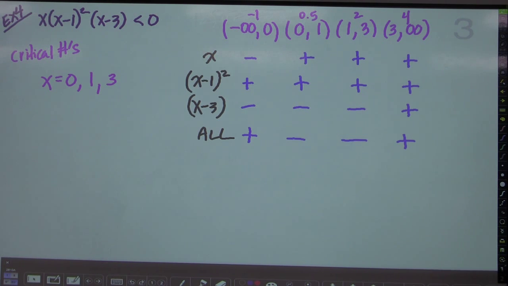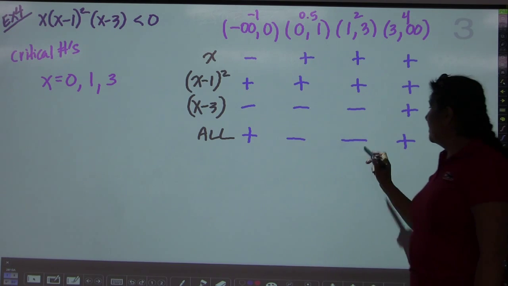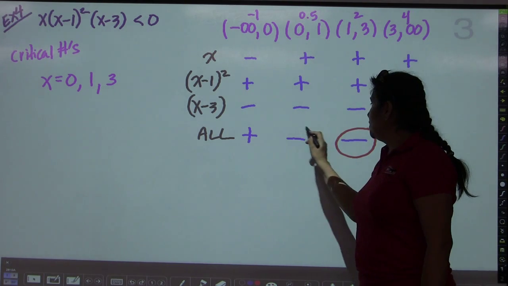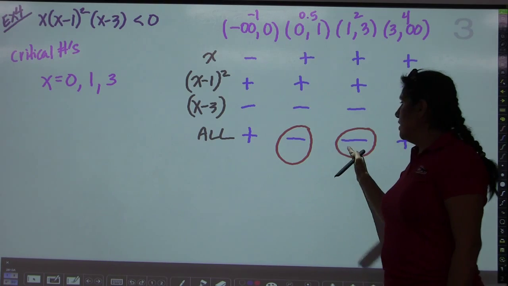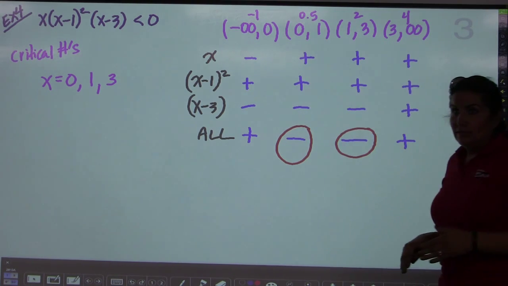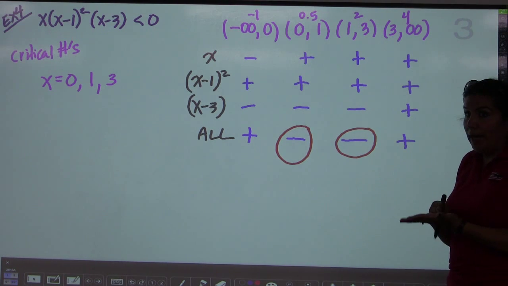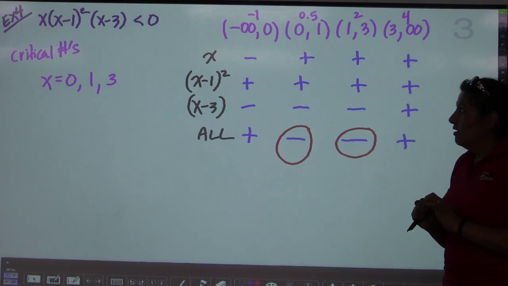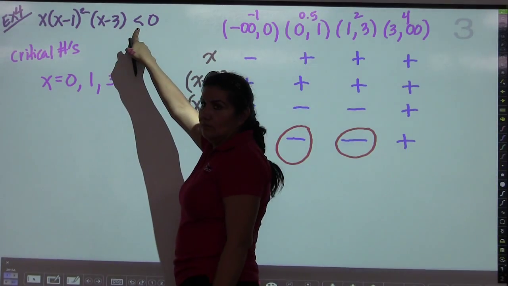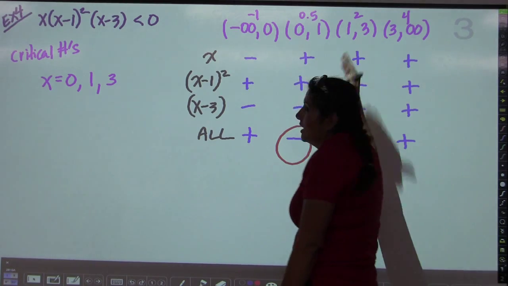And then for our final answer, they wanted less than 0, right? So they want negative. So it's going to be these two here. But just because they're next to each other doesn't mean that you can say from 0 to 3. You can't do that because at 1, it's equal to 0, and it doesn't have an equal sign here. If it had an equal sign, then you could say from 0 to 3. But you can't.